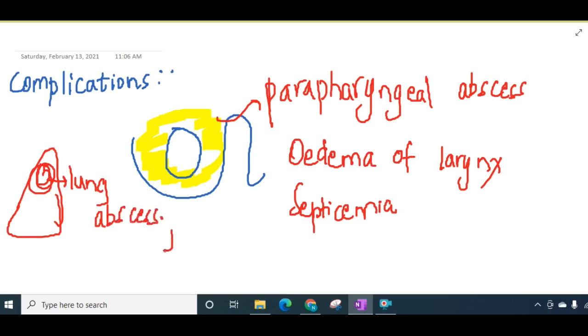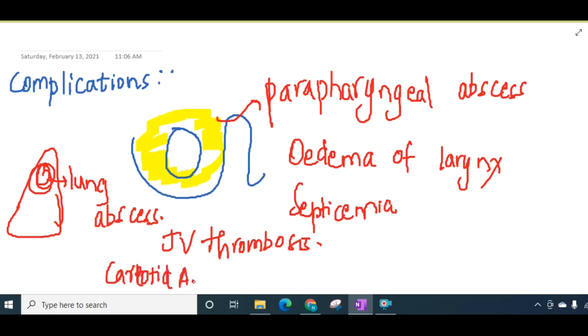Then sometimes it can spread to the jugular vein causing jugular vein thrombosis, or it can even spread to the carotid artery. If it spreads to the carotid artery or jugular vein, there is increased risk of bleeding due to quinsy.